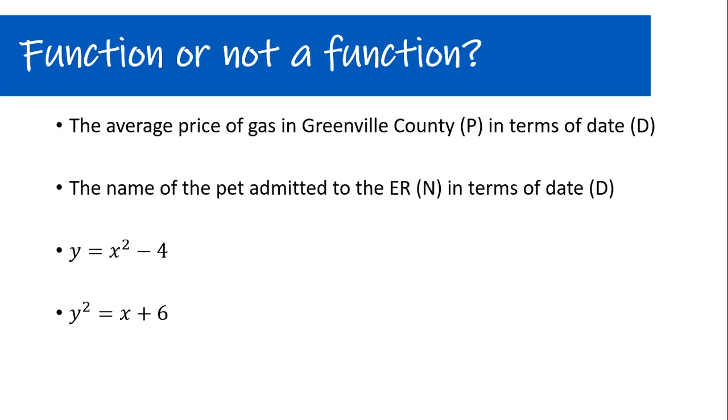Well, the square root of 6 is going to give us a positive root, but so will the negative square root of 6, since the negative square root of 6 times the negative square root of 6 will still give us a positive 6. So there are two possible Y values.